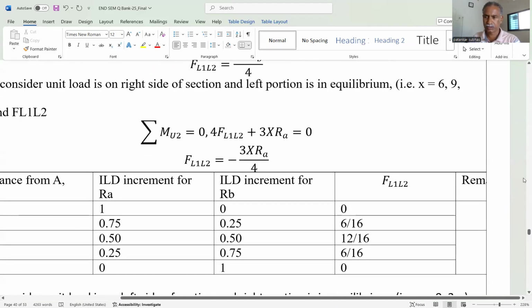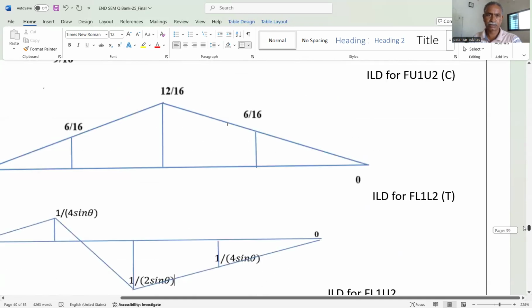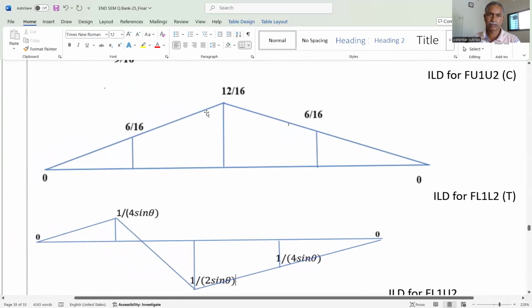So the ILD is positive, that is tensile. This is the ILD for the L1, L2: 6 by 16, 12 by 16, and 6 by 16.